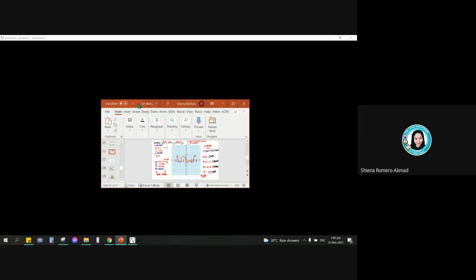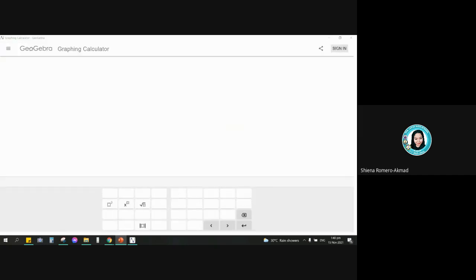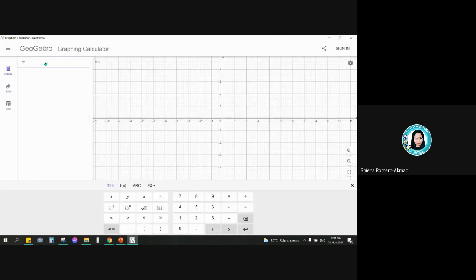Kaya ko siya papakita sa inyo para ma-check natin yung graph. Okay. Ayan. Ito ba yun? Oh, ito nga yun. So, y equals x, x minus 1, ang exponent 2. Wait lang, lalakihan ko lang itong tinitingnan ko.